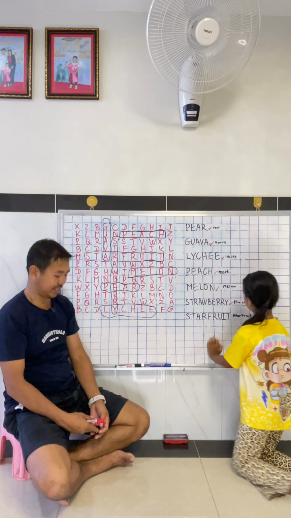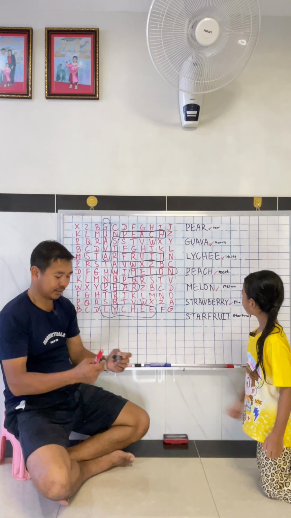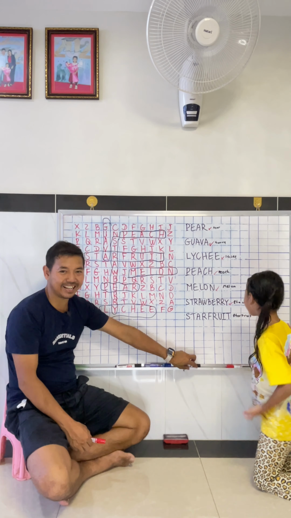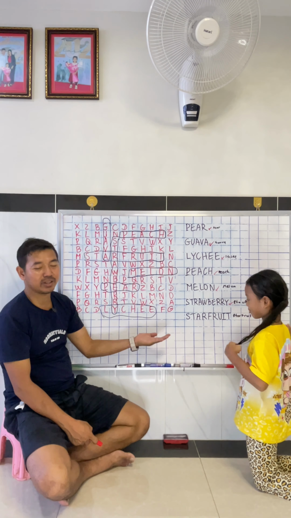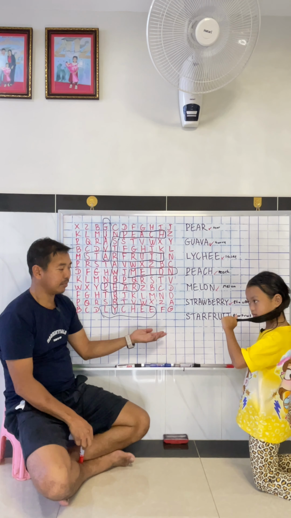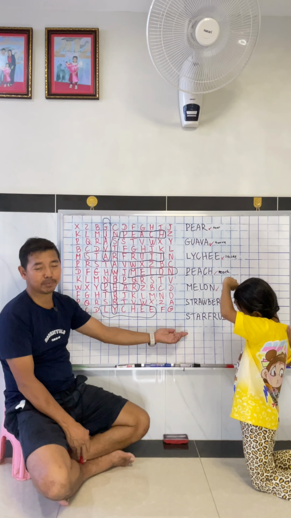Star fruit. Yeah, correct. That's all my letter. Give me your marker. My letters are all small because I write small every day. So the seven words we already found in the puzzle game and reviewed to read and spelling already.